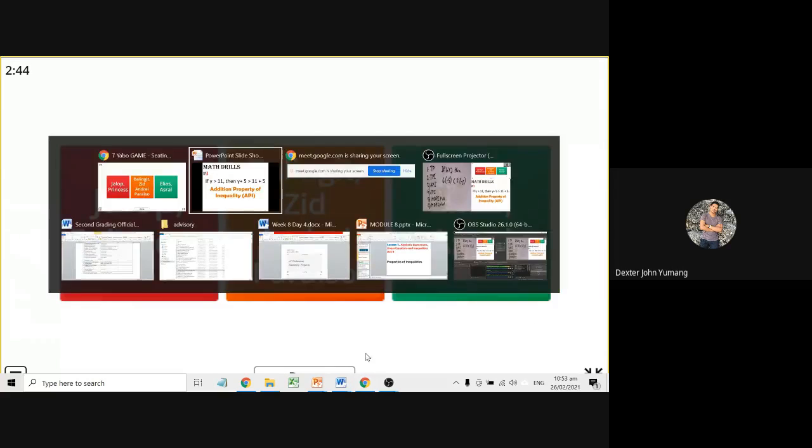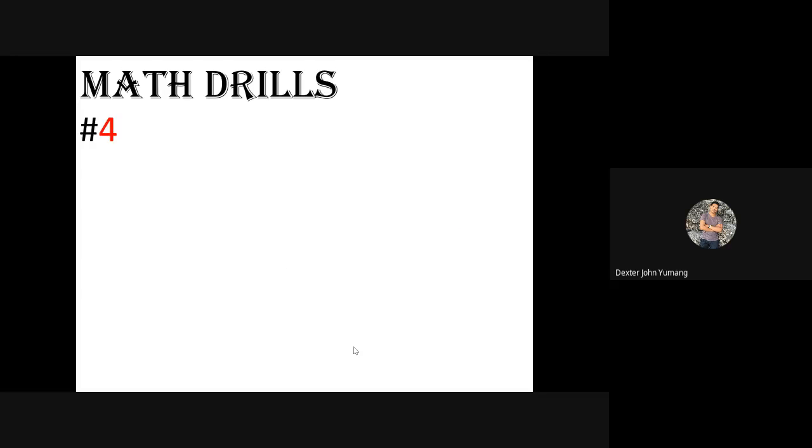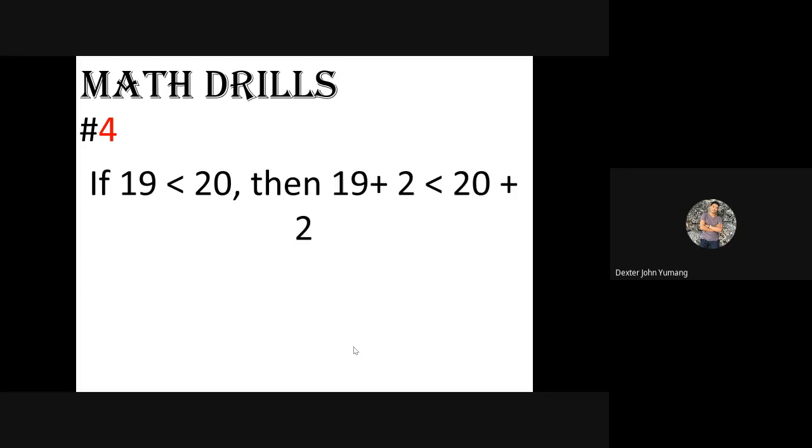Okay, here's your question. Are you ready? Okay, yes, yes, yes daw. Number 4. Here is your question. Okay, nag-add lang ng 2 sa left side at saka sa right side. Anong tawag dyan? Nag-add lang daw ng 2. What was added on the left side will be added on the right side.